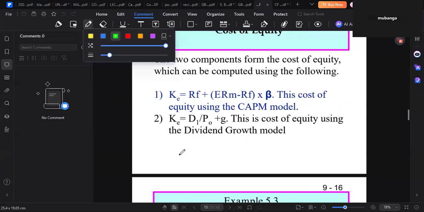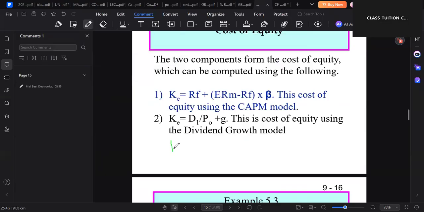D1 equals D0, open brackets, 1 plus G. Excellent. So that is a walkover issue, right? So we can manipulate that as KE is equal to what? D0 times 1 plus G over what?